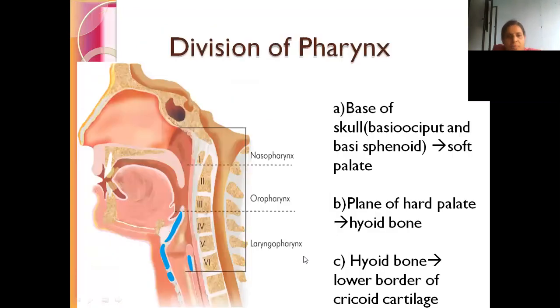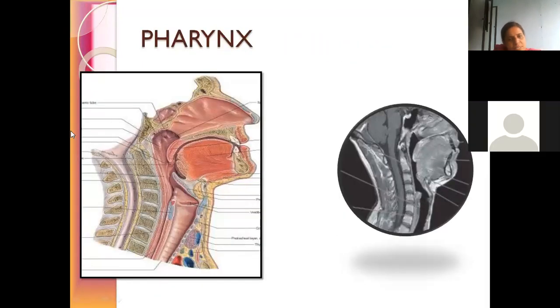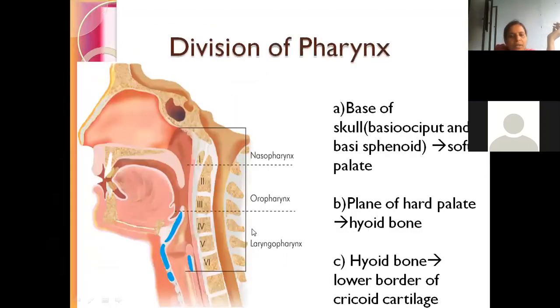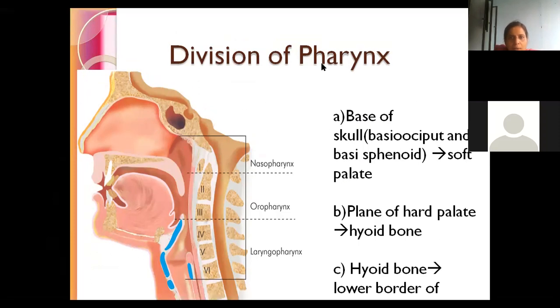Next, this is the cut section of the head and neck region, which you also see in your respective colleges. Now, divisions of pharynx. When you look at this, you will see the base of the skull.